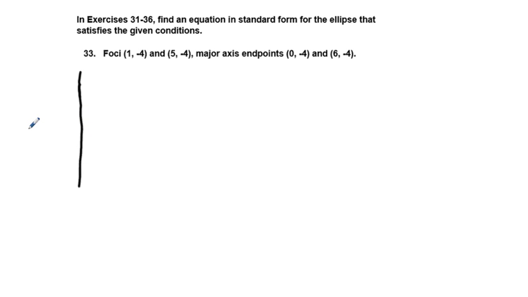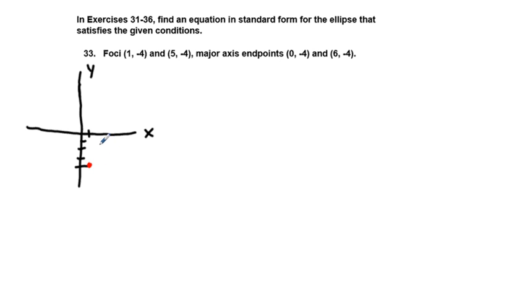We've got our xy coordinate plane here, and foci at 1, -4. So here we go, 1 to the right, 2, 3, 4. So there we have one of our foci down here at 1, -4.